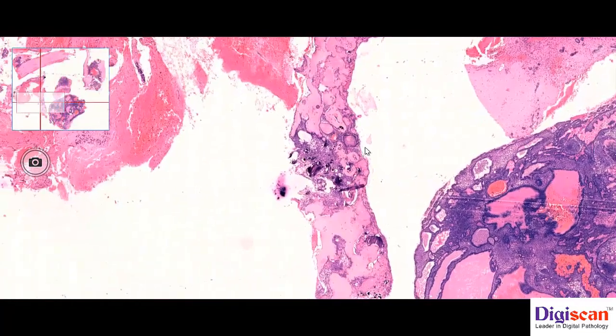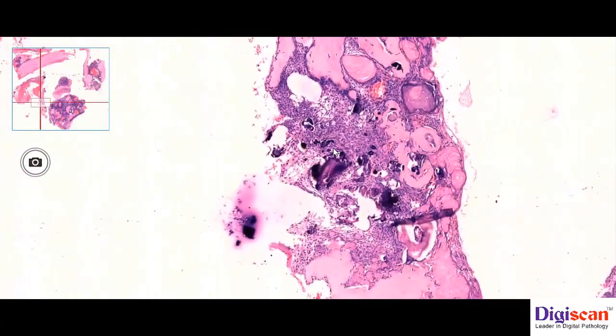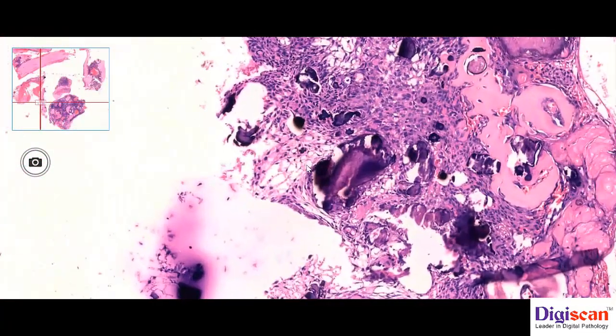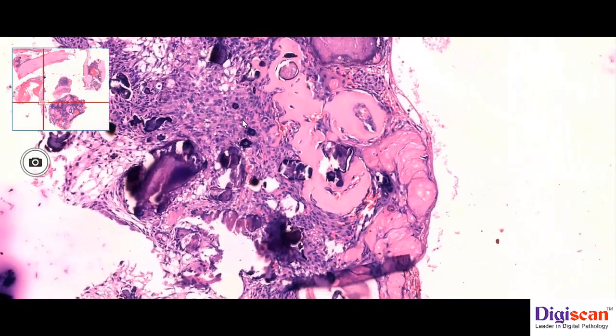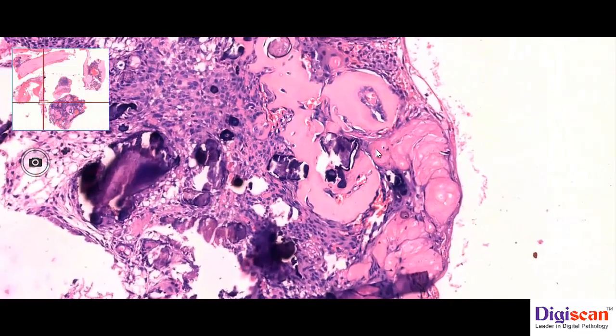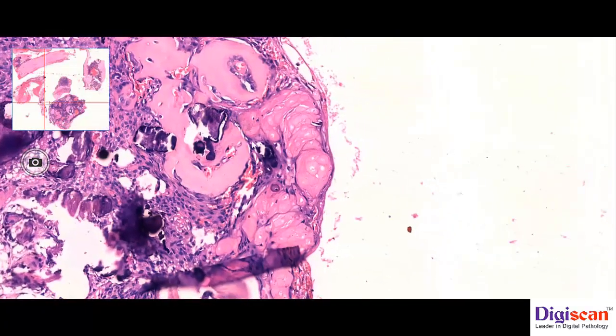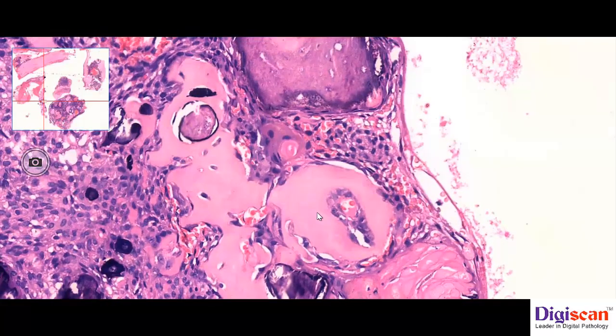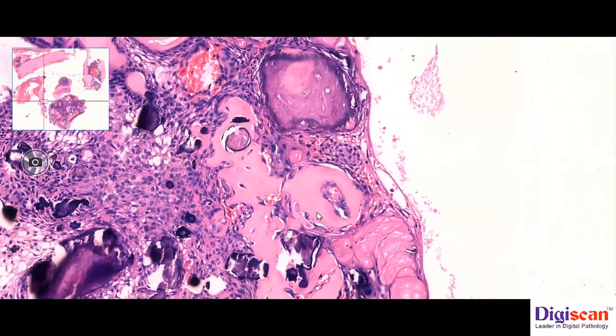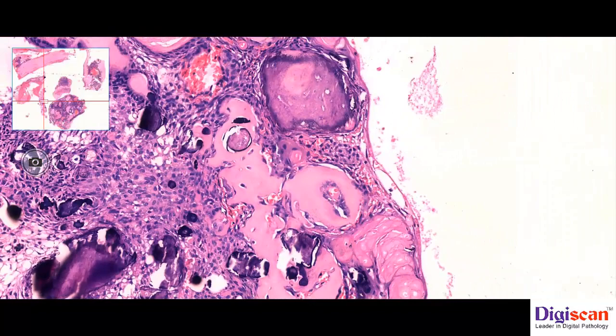Then we have another strip here, which is made up of ameloblastic epithelium, but predominantly the presence of ghost cells, and this is pink dentinoid material. So we are seeing ghost cells, dentinoid material, and massive calcification.